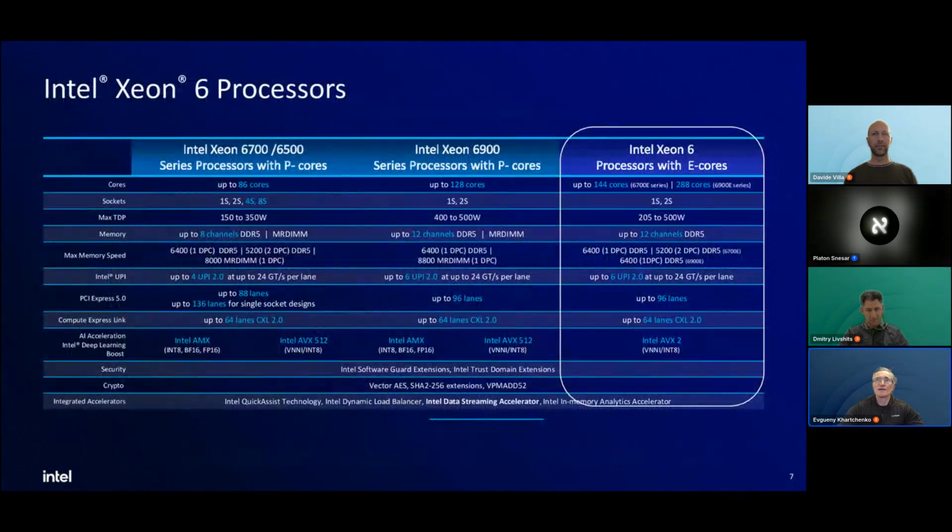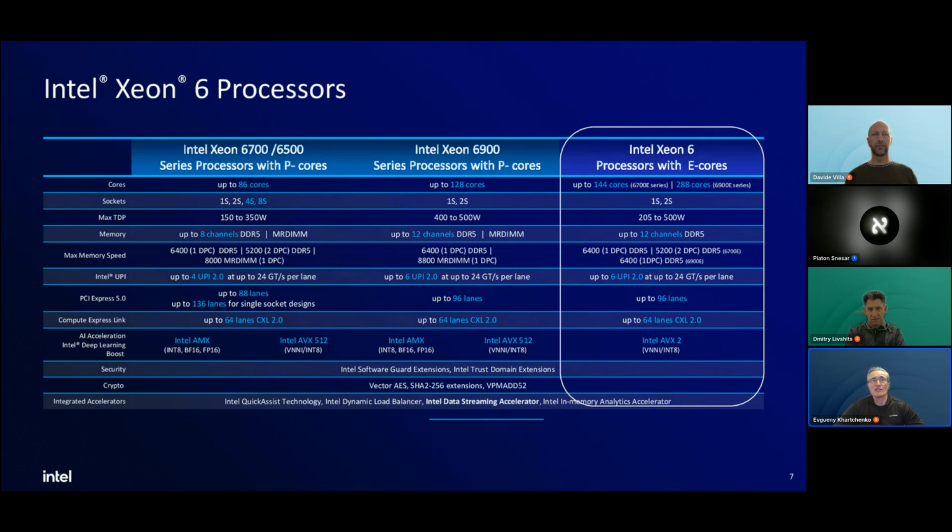Here is a comparison table of 3 product lines in Intel Xeon 6. Two of them on the left are related to P cores, and one on the right to E cores. On the left, we have the Xeon Scalable series, which is something you most likely see in your data centers.